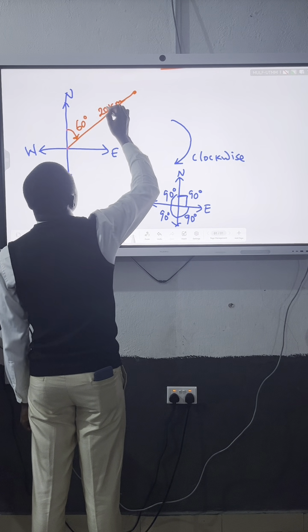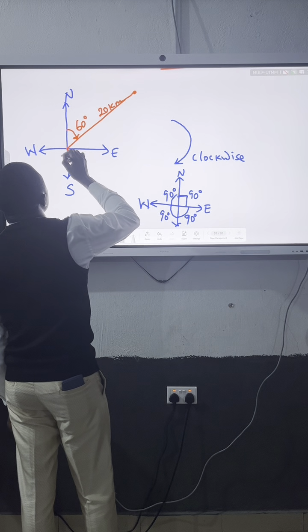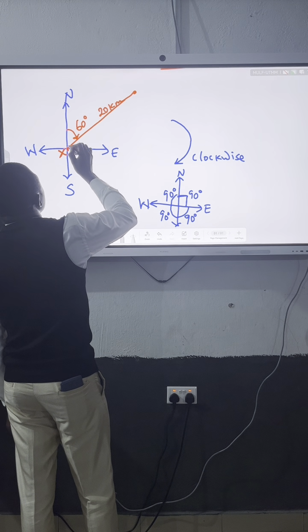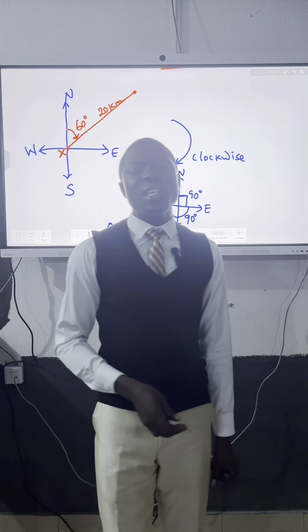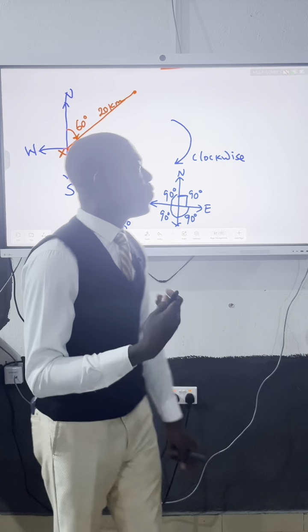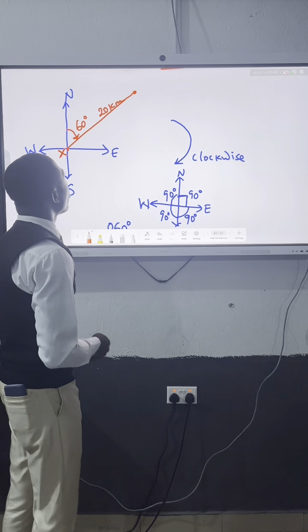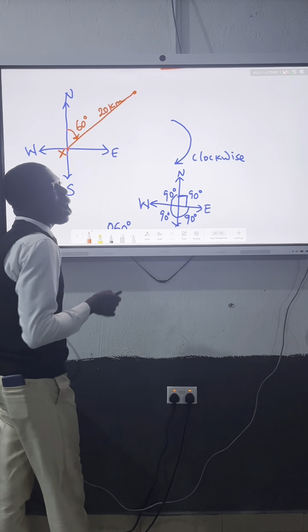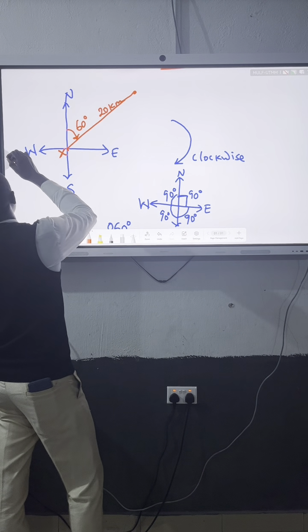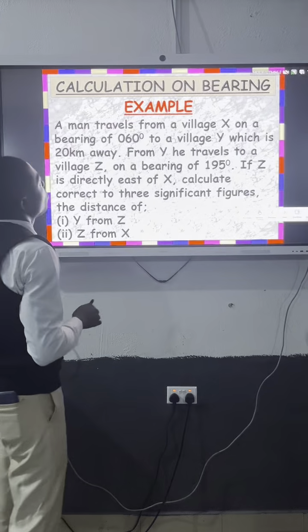From this starting point X, the person turned clockwise at an angle of 60 degrees, saw a road, and followed that road for 20 kilometers and got to the next village called village Y.